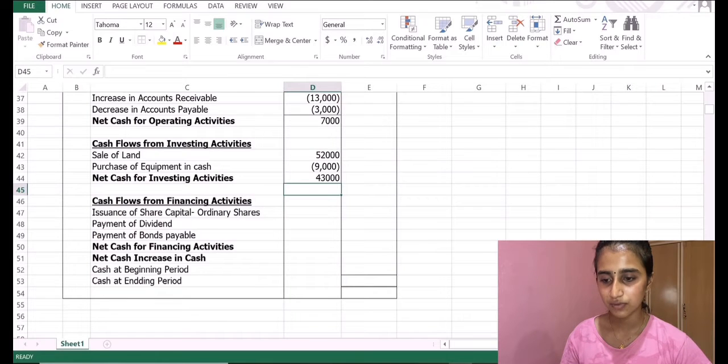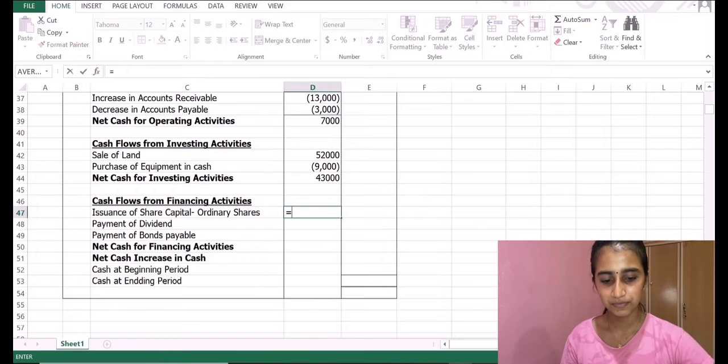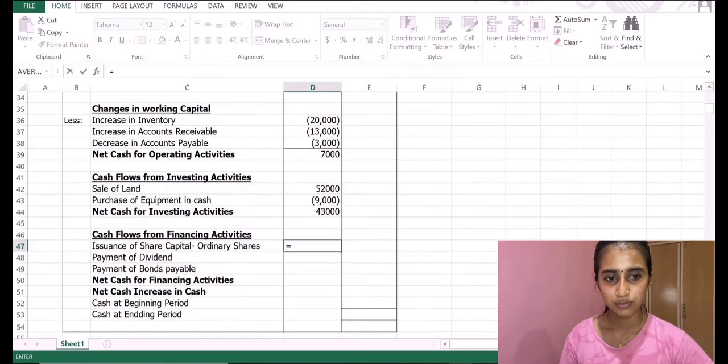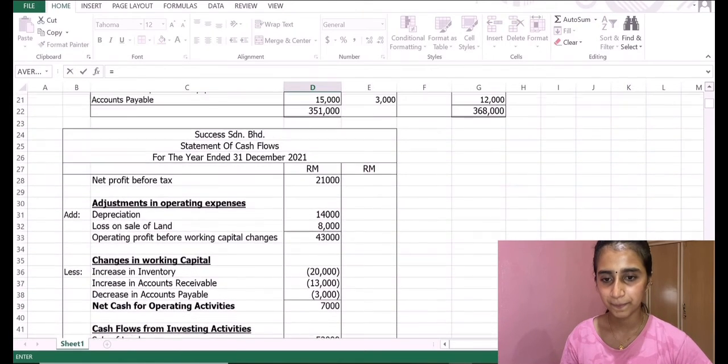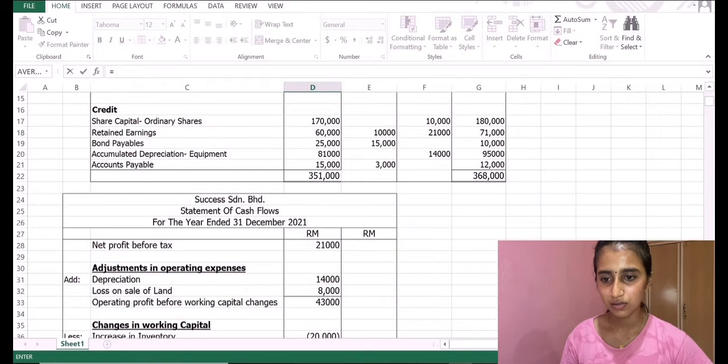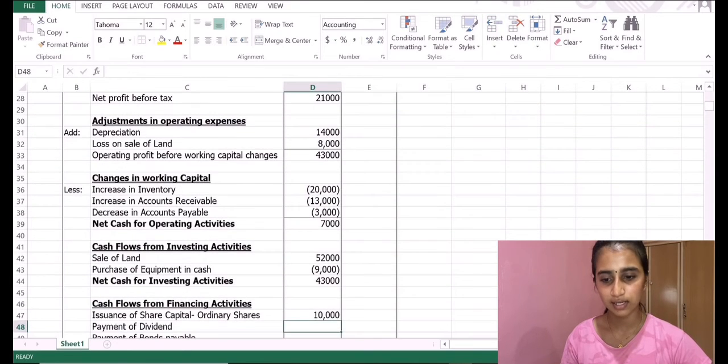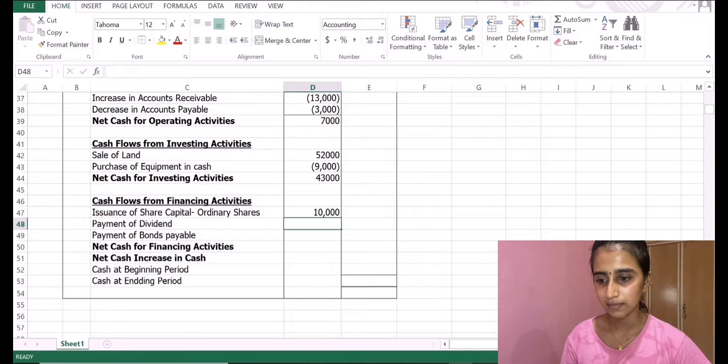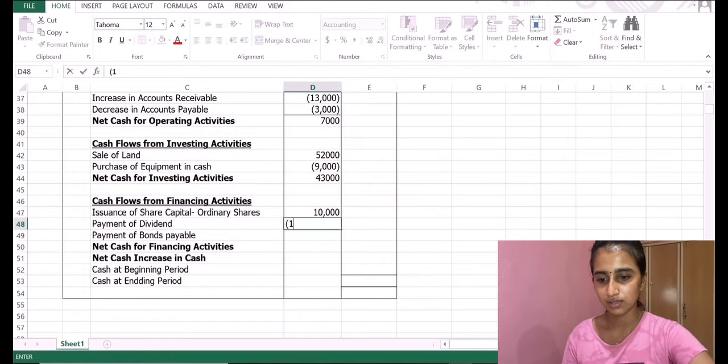Then for cash flow from financing activities, share ordinary capital, we have to refer to the worksheet. It shows 10,000 on the credit side, so plus. Then payment of dividend, it means cash is going out, so dividend minus 10,000.